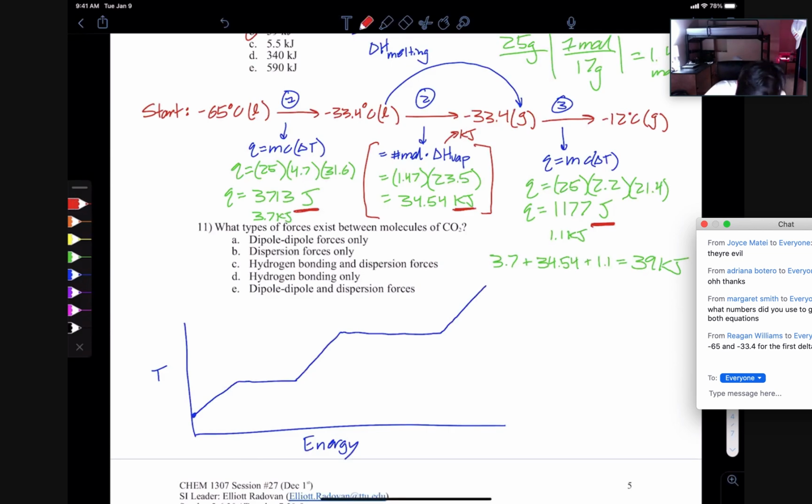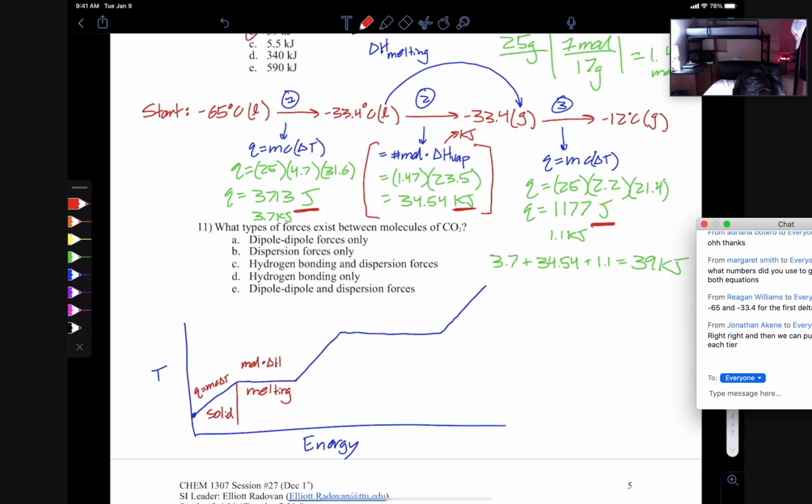So I'll say this is a solid right here, and we use Q equals MC delta T. This right here, we're melting, so you use moles times the delta H of melting.